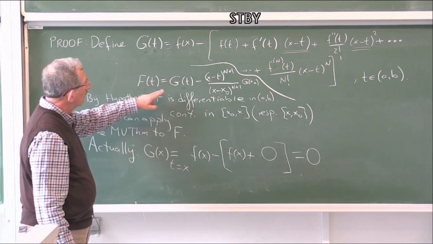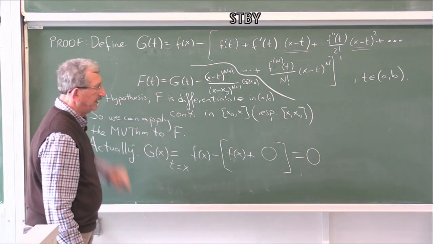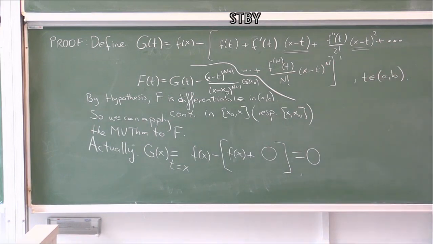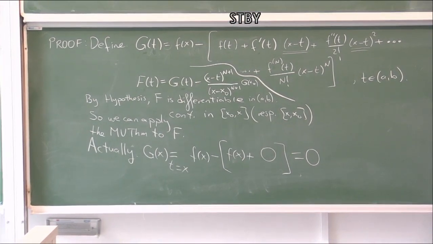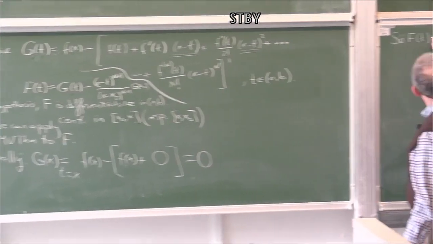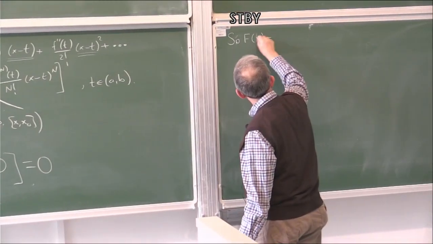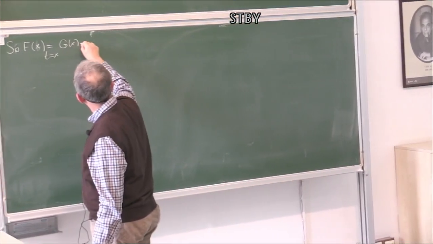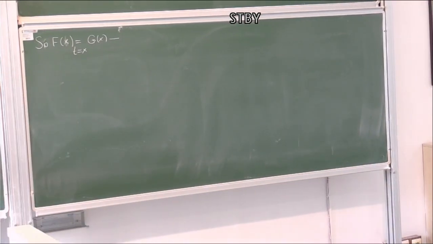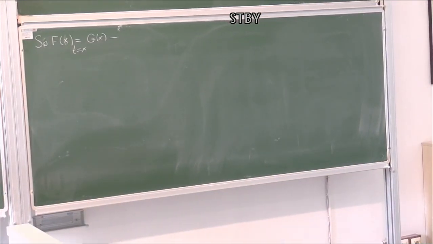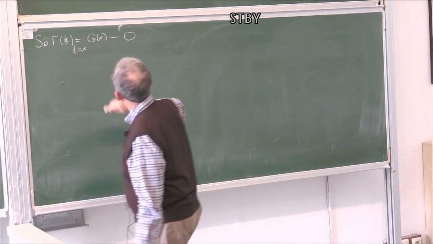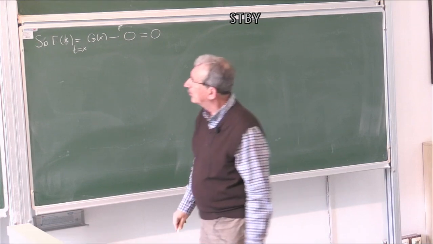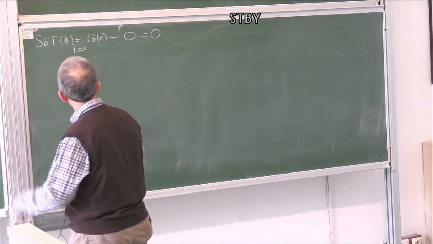But then, when you look at f of t, f of x, again t is x, is g of x minus, well, we have x minus t here, so it is 0. But g of x was 0, so f of x is 0.